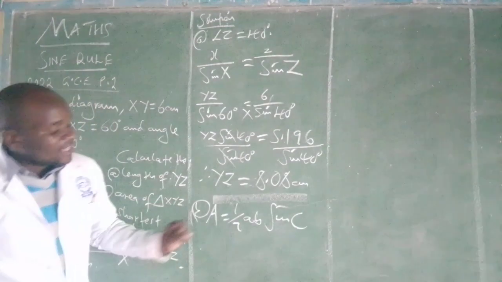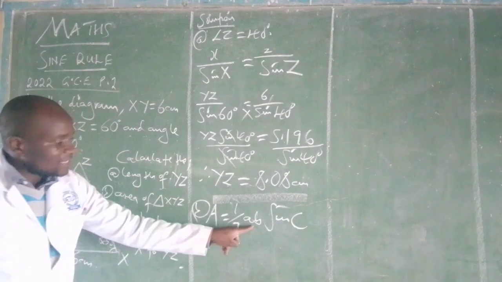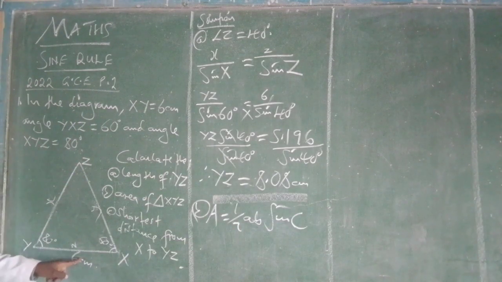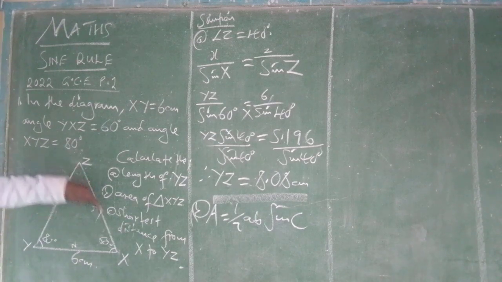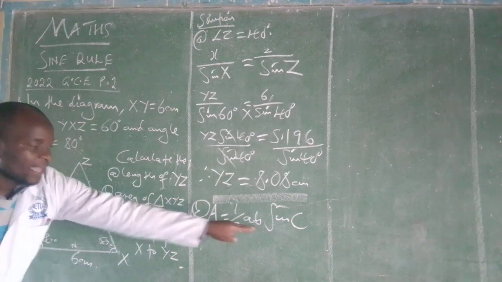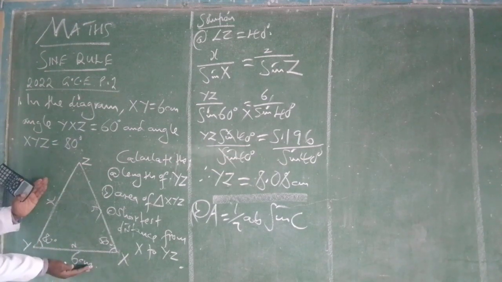That means the angle we are going to use here should be the angle formed by the sides we are putting here. So looking at our triangle, we have this given side, and the side which we found here, which is 8.08. We should automatically use this angle because it is the one formed by the two given sides.